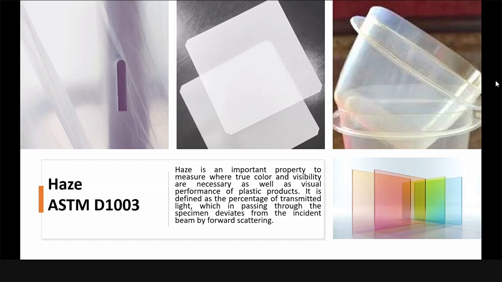Haze is very important in plastic and chip industries. Who is producing plastic and polymers, for them, for their product, they will check opacity as well as the haze. So we can say if we want to check color as well as clarity and transparency of the material, we need to do haze measurement.